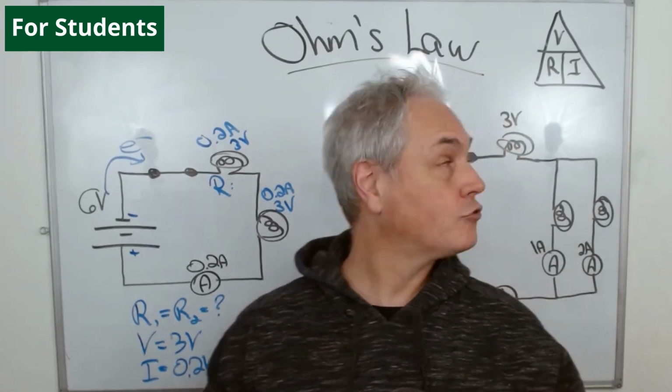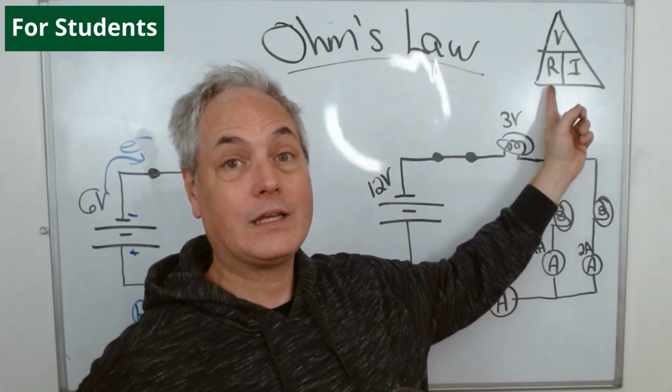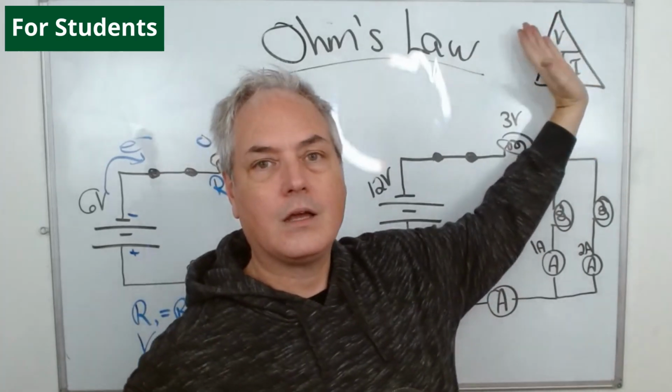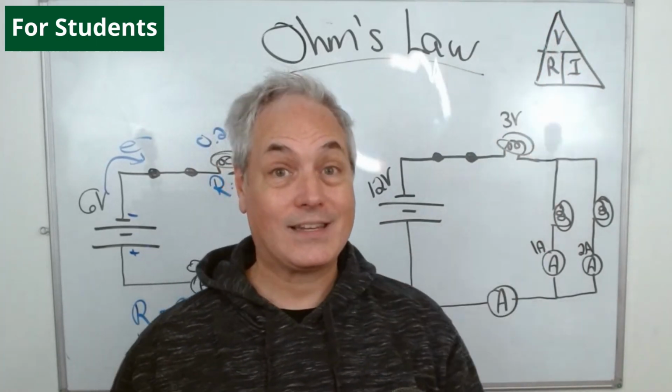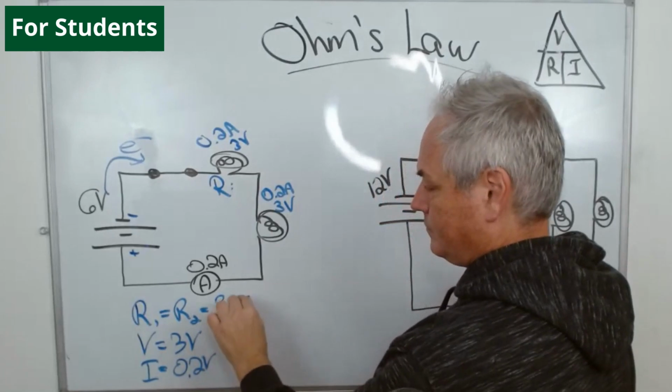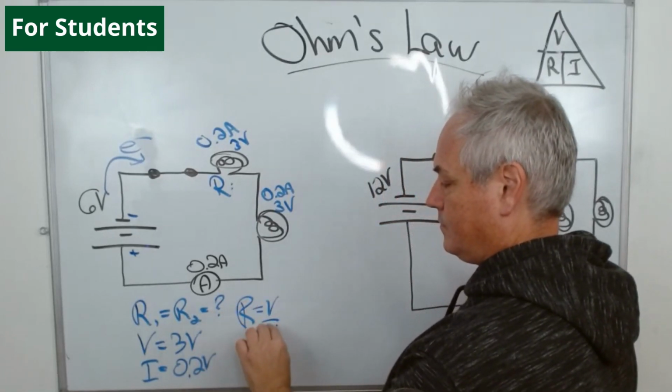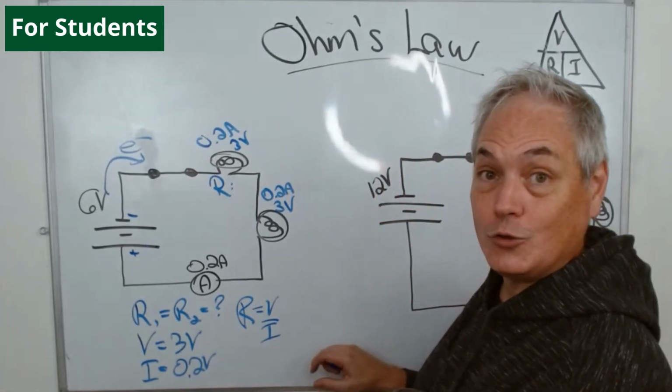If you look at the triangle we have here, since we're looking for the resistance, we have V over I as the equation. Just have to include the information.